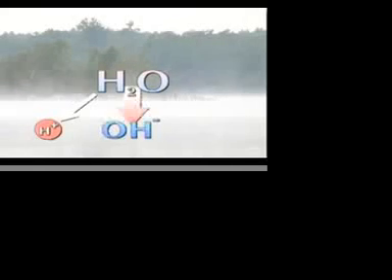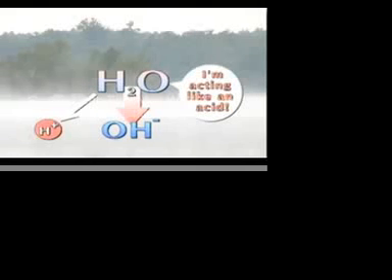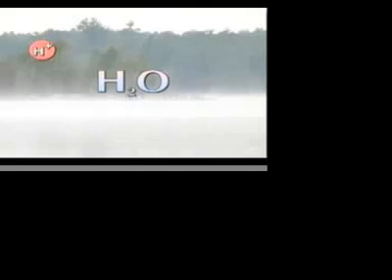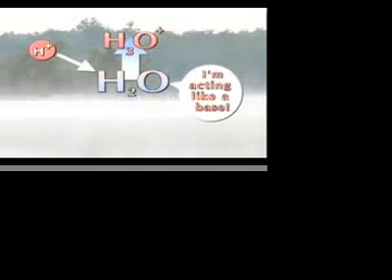Water can act as either an acid or a base. When a water molecule gives up an H plus ion to become an OH minus ion, it is an acid. And if it accepts an H plus ion to become an H3O plus ion, it is a base. This process occurs naturally, even in the purest of water, but only in fractions of amounts.